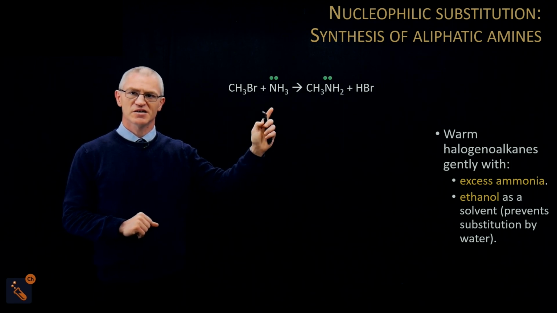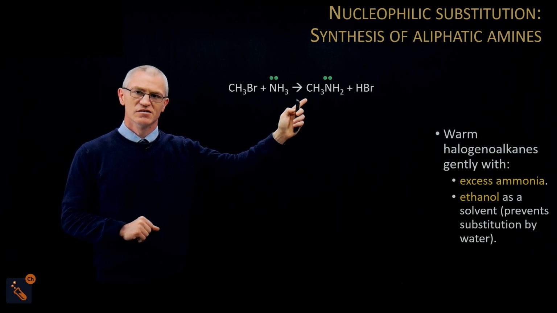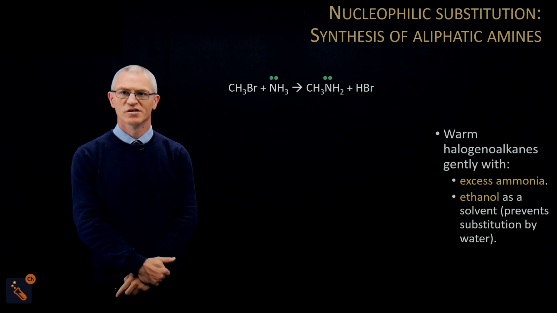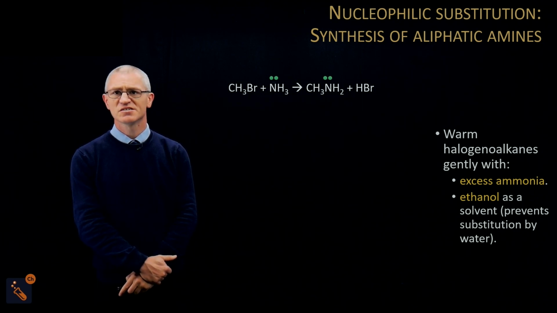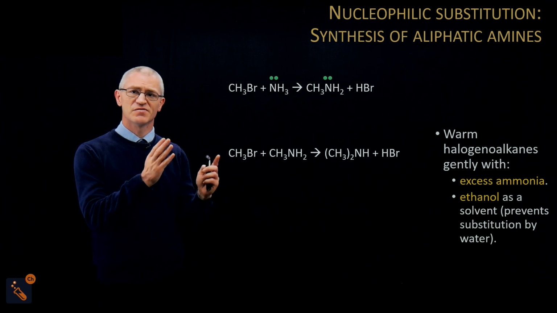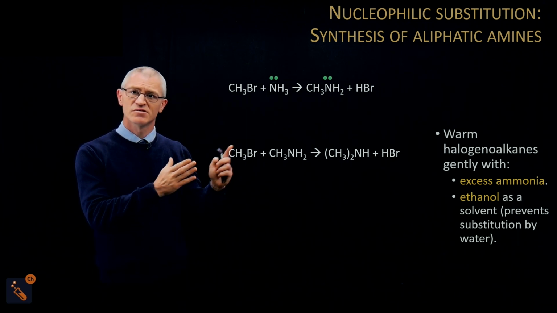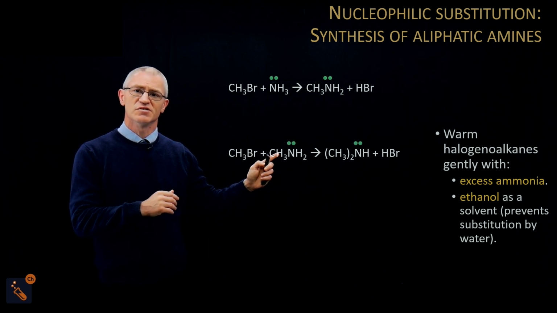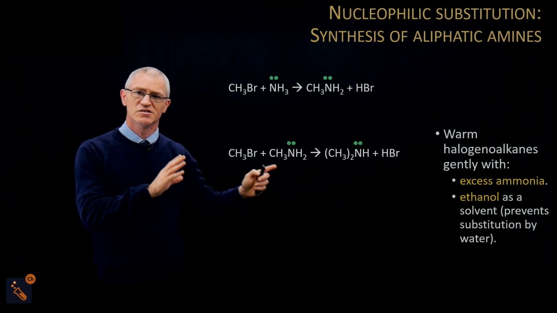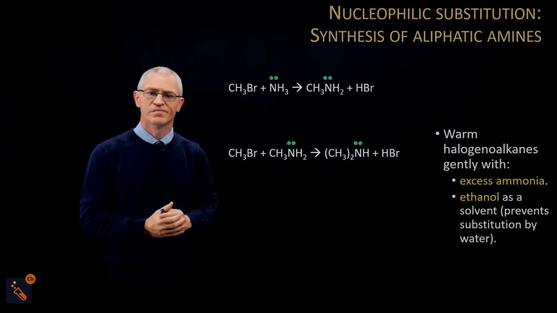So imagine your first reaction is your NH3 going to your primary amine. Our second reaction is then if I've got this CH3Br still around, I've still got this one with my lone pair of electrons, which is going to do the same thing, going to bond in.